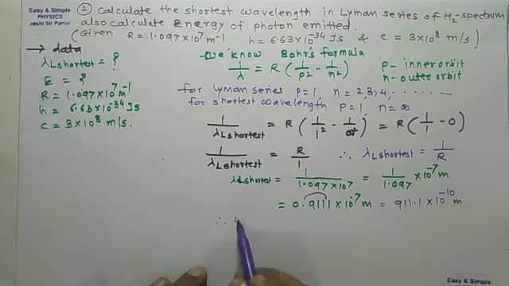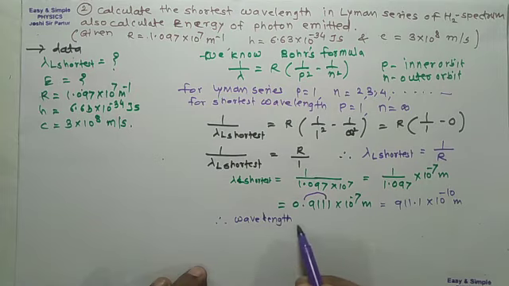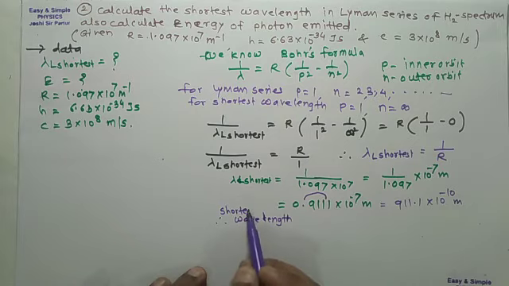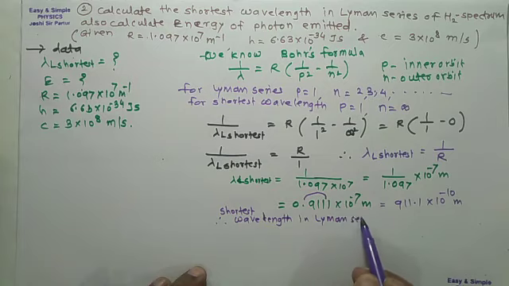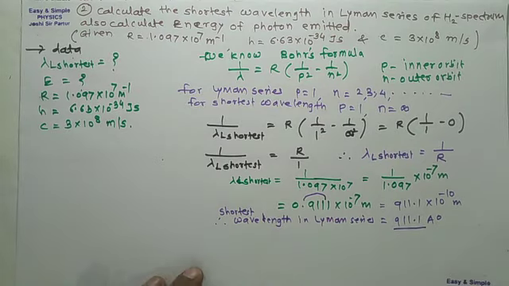So wavelength, or shortest wavelength in Lyman series, will be 911.1 angstrom unit, or we can say 912 angstrom unit. But here we can find energy.